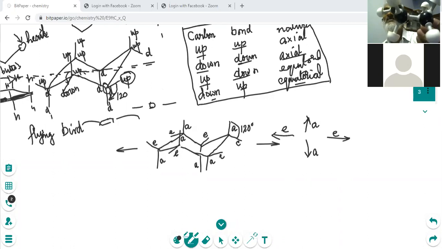Now see, if you look at the cyclohexane from the front, you can see only 4 carbons. This is one. This is the second. This is the third.